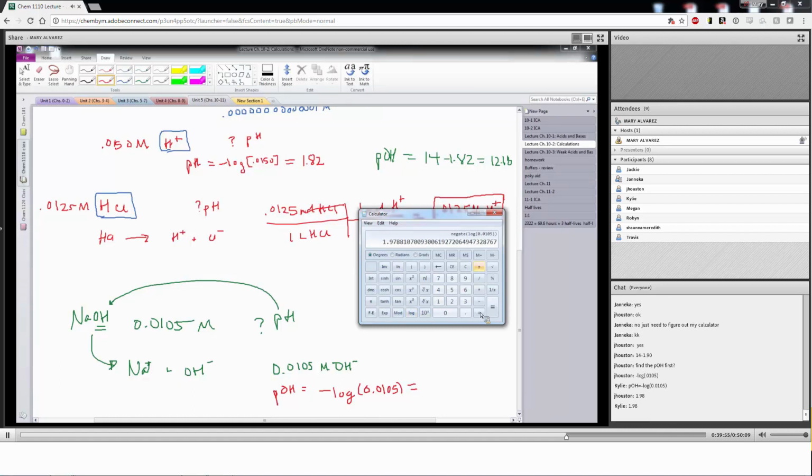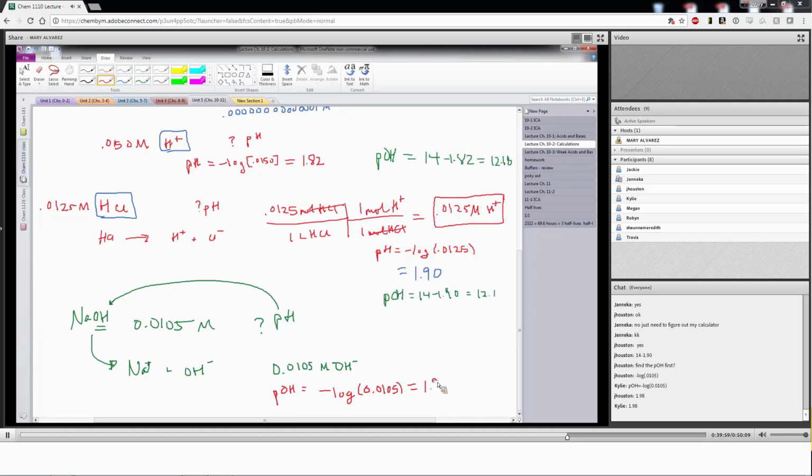This gives me a pOH of 1.98. All right, good. Now we can't stop there. We have to remember they asked us for the pH. So in that case, what is the pH? Yes, 12.02. And again, we got that by saying 14 minus 1.98.